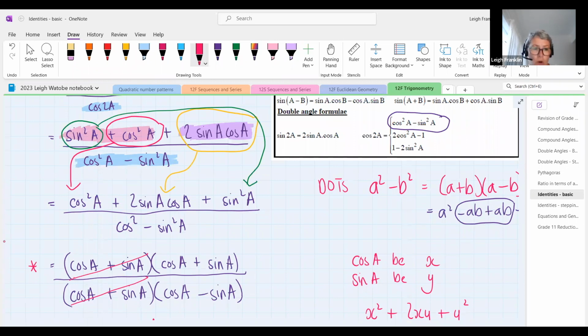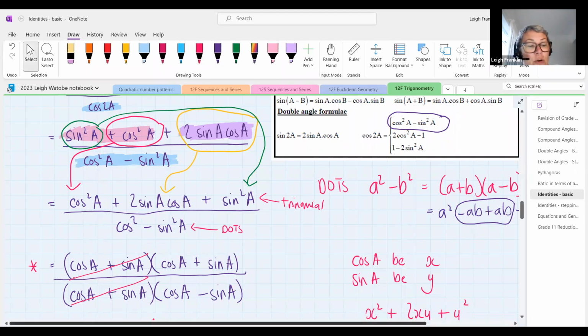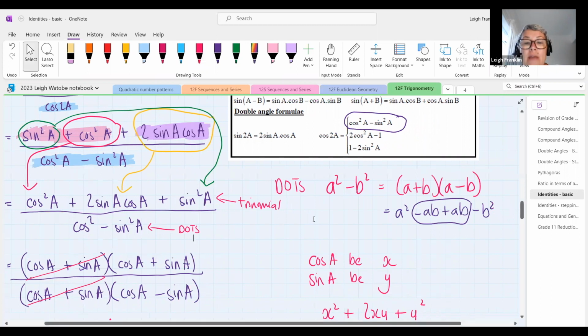Yes, ma'am. I see. Does that make sense to you? And then at the bottom, I've done a different type of factorizing. So this at the top here was my trinomial. This at the bottom here, that's not a trinomial. This is difference of two squares. So just how I factorized earlier, where if I had a squared minus b squared, it factorized into two brackets, a plus b in the one bracket, a minus b in the other.